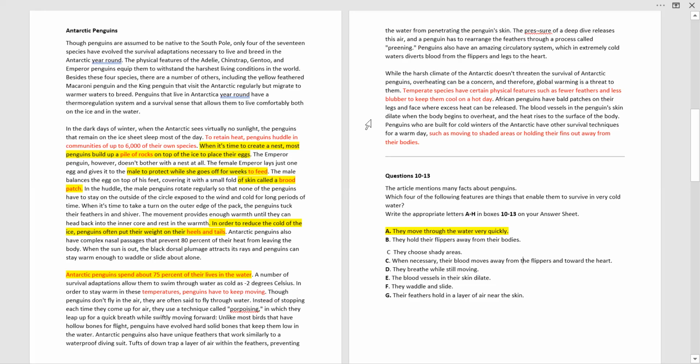If you keep reading this very paragraph, as we just did earlier as well, you see the penguins have an amazing circulatory system in extremely cold water. Blood is diverted from their flippers and legs to the heart. So their blood moves away from the flippers and towards the heart when necessary. So C is the other option, right? And we have to find four. So yeah, three we have found from here.